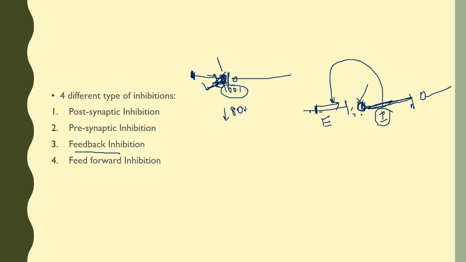We provide the stimulus to neuron number 1. It releases excitatory neurotransmitter, which depolarizes neuron number 2. When neuron number 2 is depolarized, it releases neurotransmitter at its branches. One branch is over here and the second branch makes a synapse with this neuron.